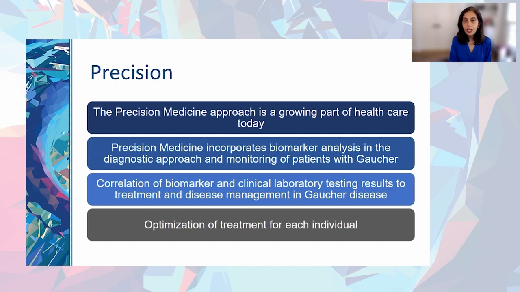In this talk today, it will be Gaucher disease, where we can show the correlation of the biomarker and clinical laboratory testing results in how we manage these patients. And the whole hope for precision medicine is optimization of treatment for each individual.